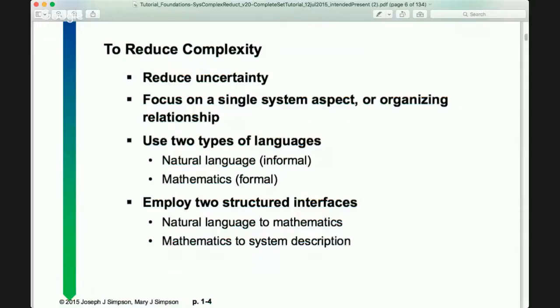So you reduce complexity by reducing uncertainty, and focusing on a single system aspect also reduces uncertainty because you know exactly what you're looking at.